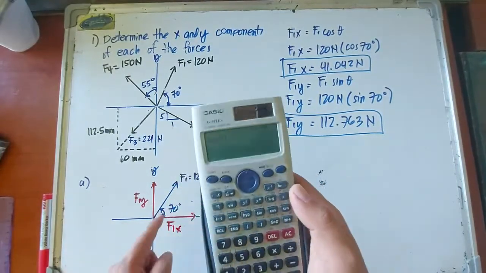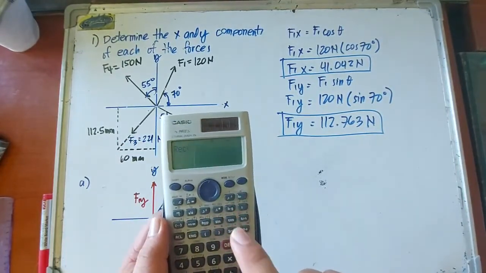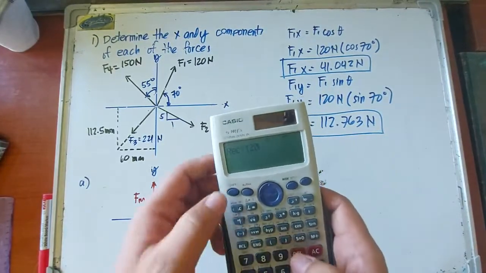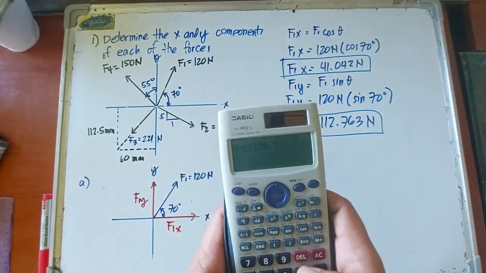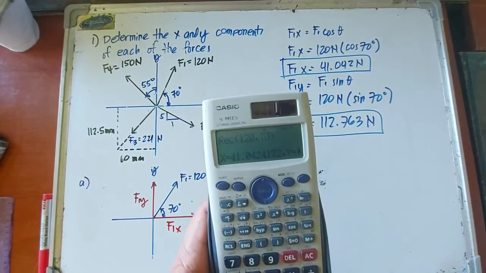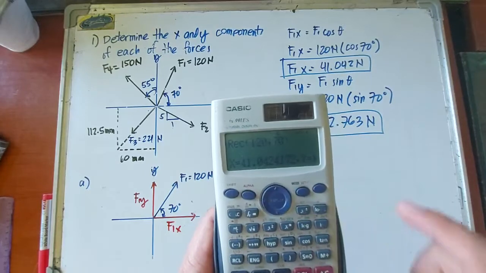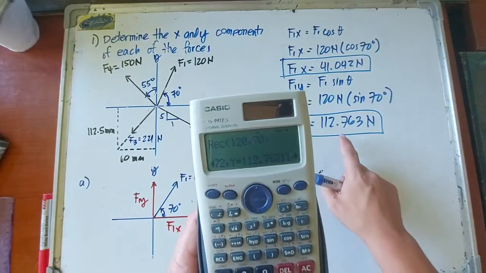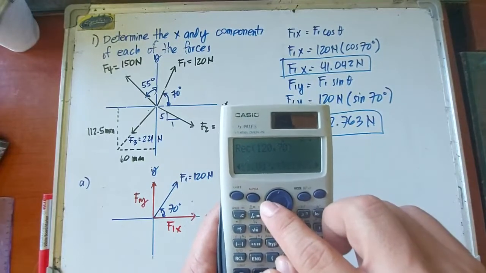Pwede natin i-convert yung polar sa rectangular coordinates, no? So ilalagay lang natin yung magnitude, which is 120, comma, yung angle from the x-axis, that is 70, then press equals. Now we have yung component along x is 41.042, then component along y is 112.763 newtons. Yeah, that's how you solve for the components using your calculators.